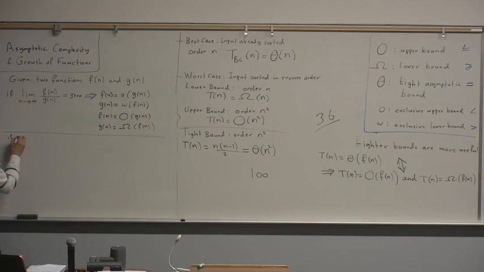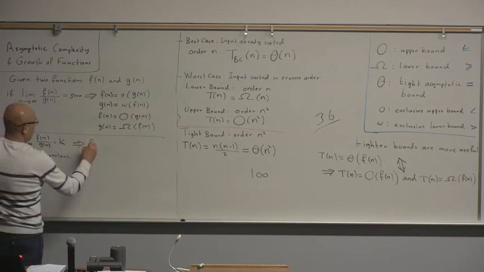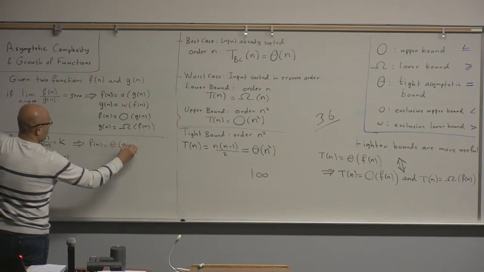If the limit as n goes to infinity of f of n divided by g of n is k, where k is a non-zero constant, then this will imply that f of n equals theta of g of n.